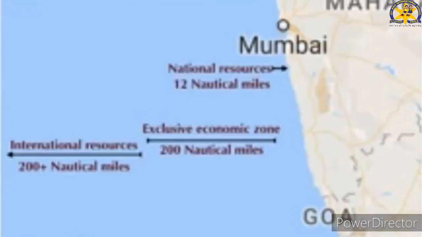If any country wants to use marine resources present after 12 nautical miles, and if it is helpful for that nearby country's economic development, that country can use it. But for that they have to go with the exclusive economic zone. It's called the exclusive economic zone, and to use that zone it is a must to concur with the international institutions.